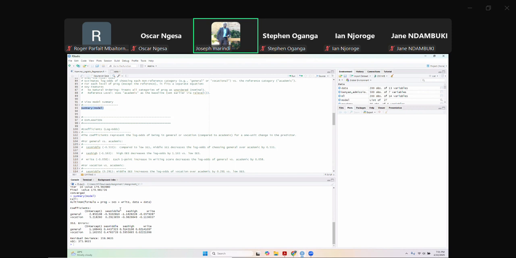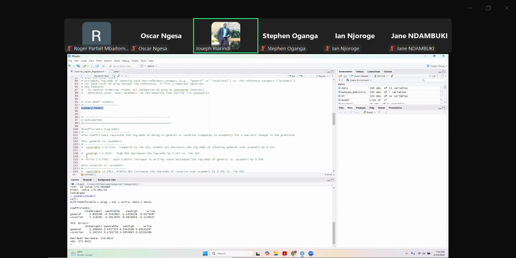Compared to the low socioeconomic class, the middle socioeconomic status decreases the log odds of choosing general over academic by 0.533, as we saw before.